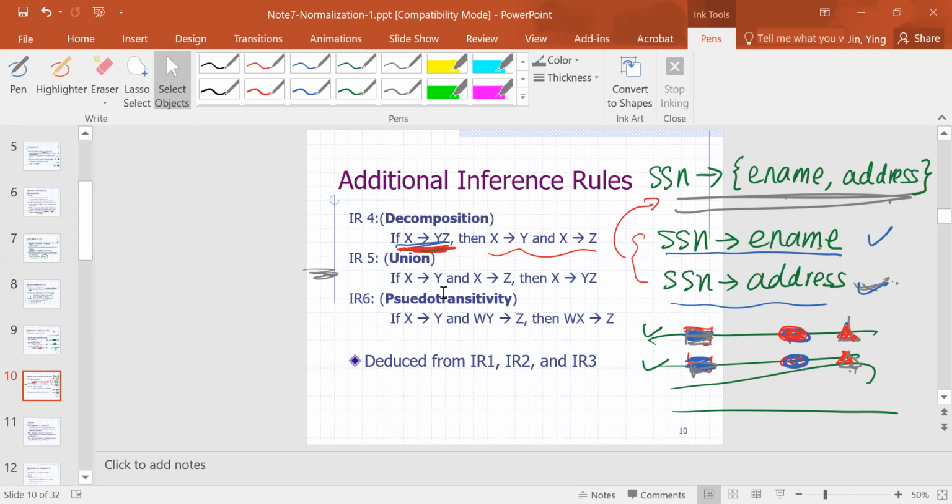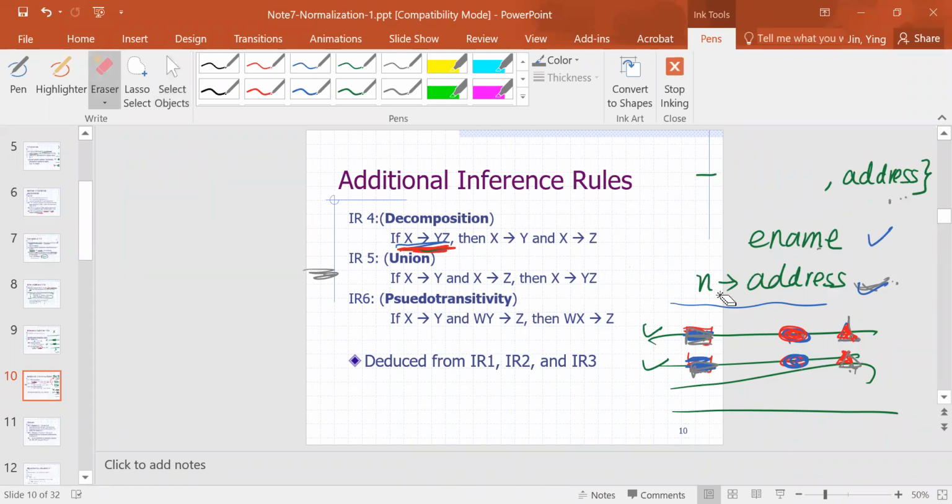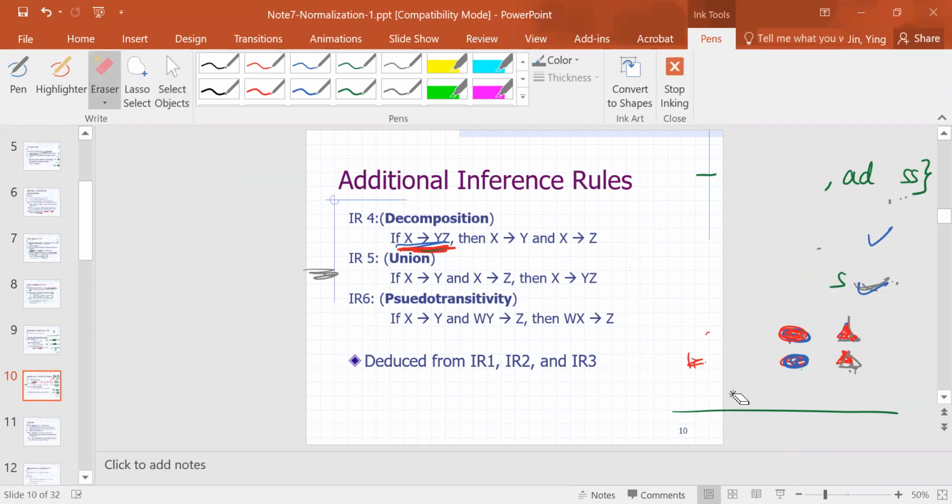So you can use this rule to directly break into two. So now let's see the last one. This is the one you don't need to memorize. Whenever you use it, you can directly deduce it from the existing ones. Let's see how to do that for fun.